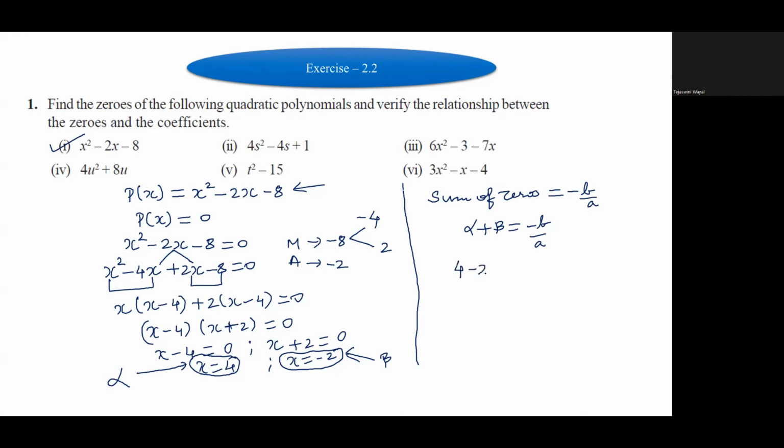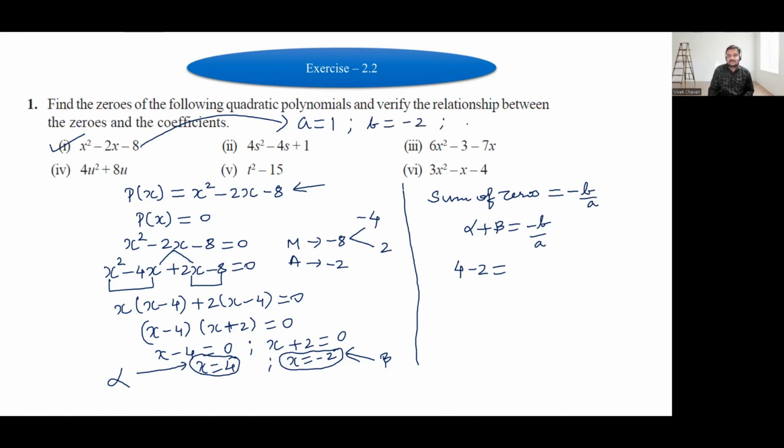We have considered it as 4. Okay. And what is the value of a, b, c? So a is 1, b is -2, and c is -8. So minus of b, so minus of -2, what it will come? +2. And what is the value of a? It is 1. So 4 minus 2 is 2. 2 is equal to 2.